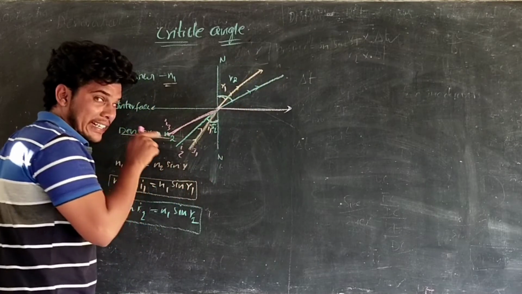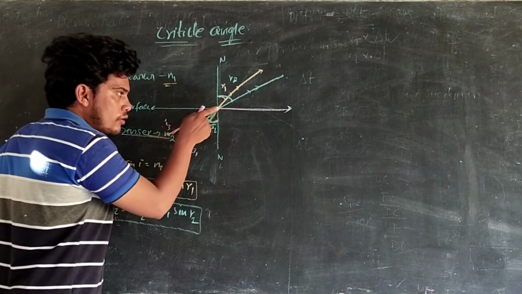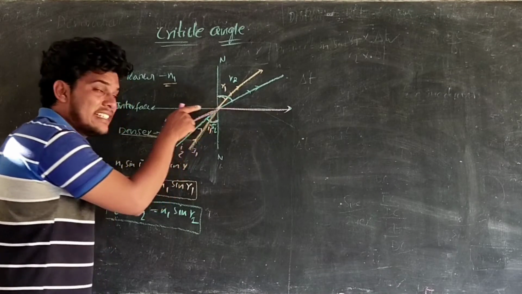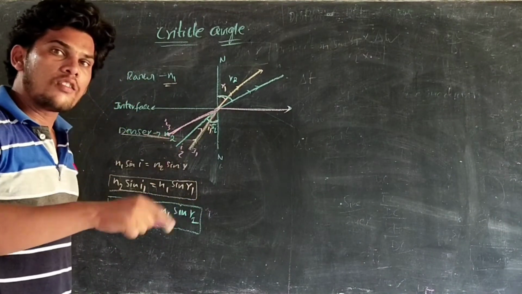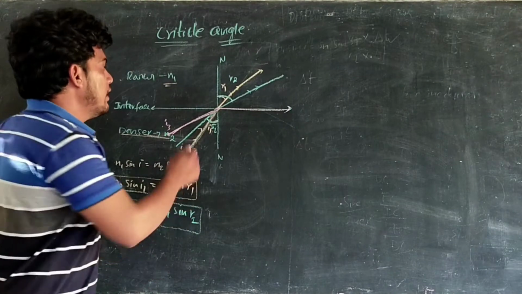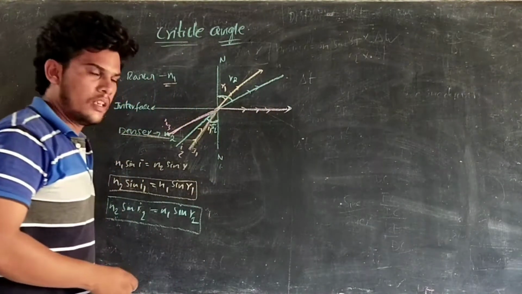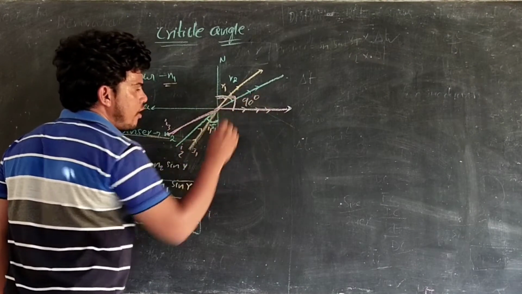But at a certain angle, when the incident ray strikes the interface at the center point, it does not go to the rarer medium. Without entering into the rarer medium, it grazes along the interface. So this angle is actually 90 degree.